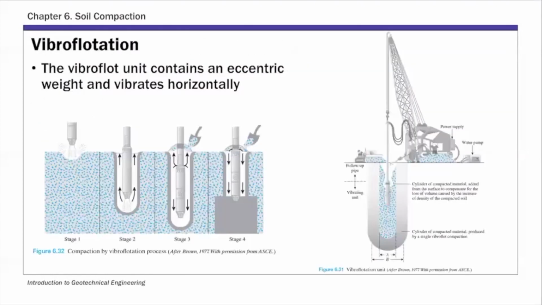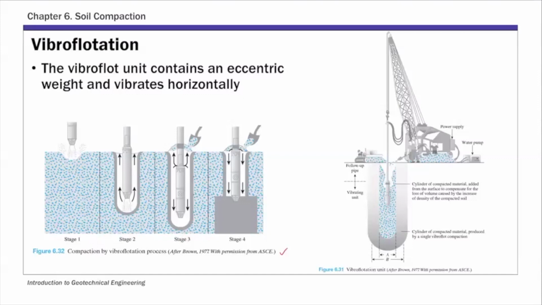So for the first two, actually, I included a couple of slides, and I also uploaded a couple of videos showing you the process of these special compaction techniques. For vibroflotation, if you focus on the picture on the left-hand side, this basically shows the process of this compaction.